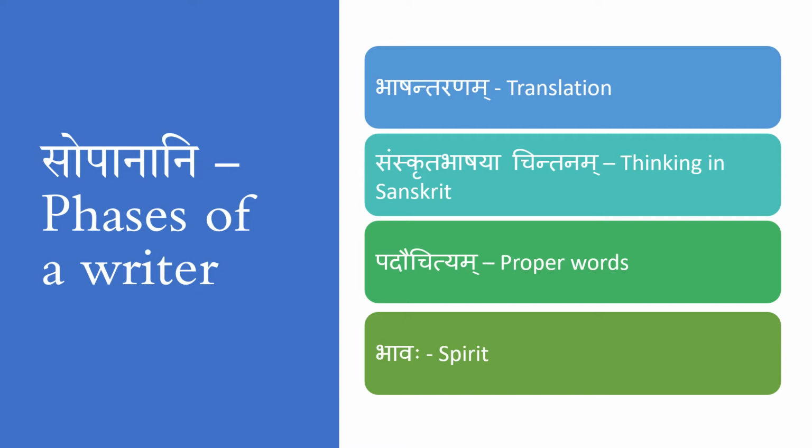What does he want to convey? Whether he wants to convey a hasyam, or something serious, or something scary. So those spirits or bhava, what you call rasa, have to be brought.